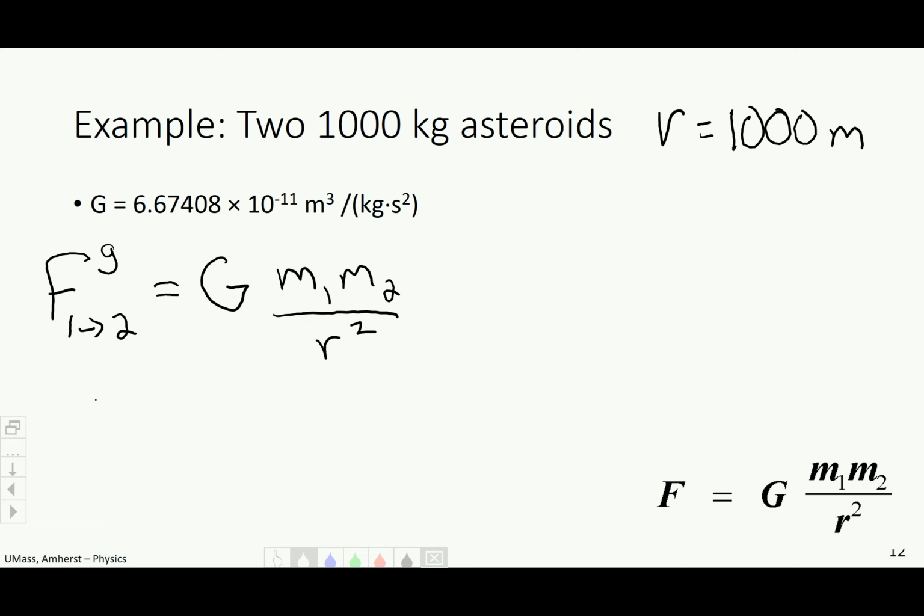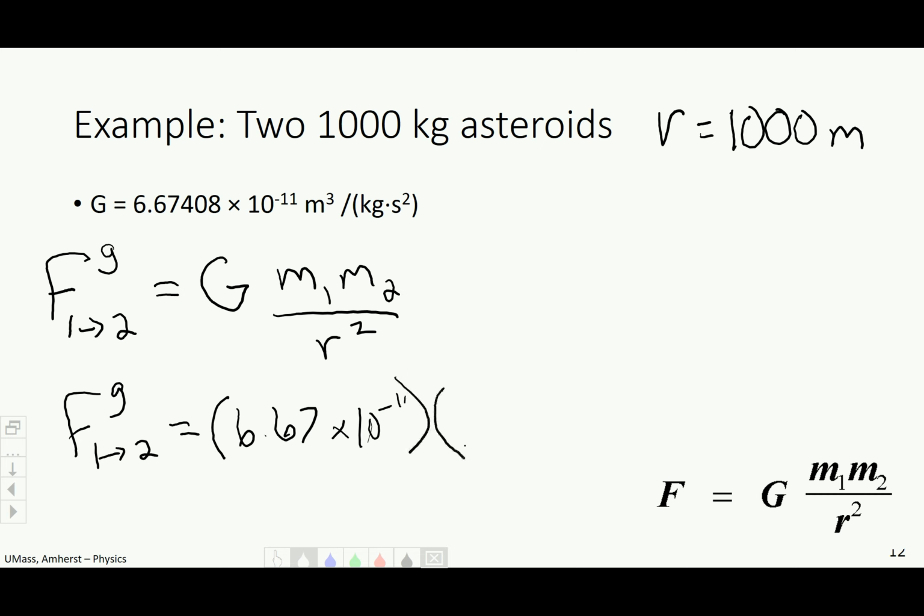Okay, what do we end up with? Force of gravity 1 on 2 equals 6.67 times 10 to the minus 11th times 1,000 kilos.